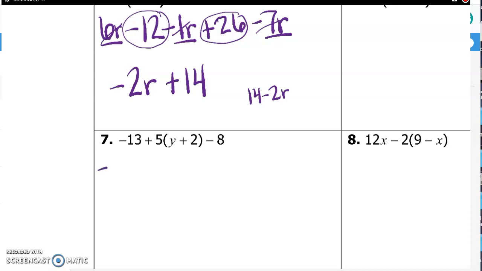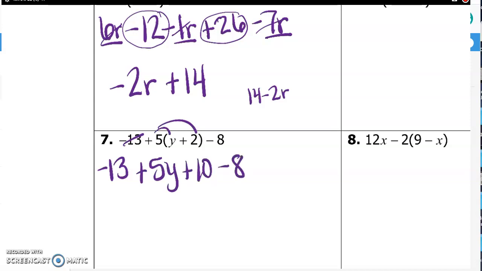So the negative 13 just comes down. Then we distribute the 5. So plus 5y plus 10. And then bring down the minus 8. So 5y is on its own. Negative 13 plus 10 minus 8 gives us negative 11. So 5y minus 11.